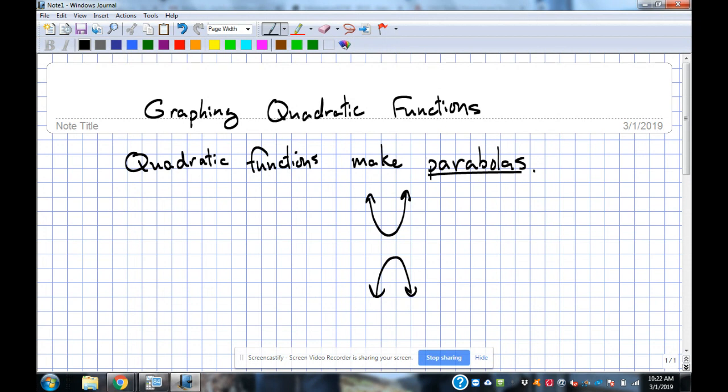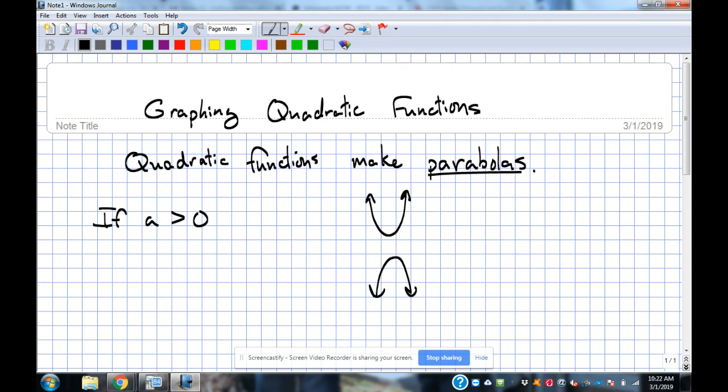Any quadratic function, no matter what form the equation is in, there's three different forms we're going to deal with. There is a leading coefficient that's A, and no matter which form, that A is there. If A is greater than 0, what kind of number is it? Positive.